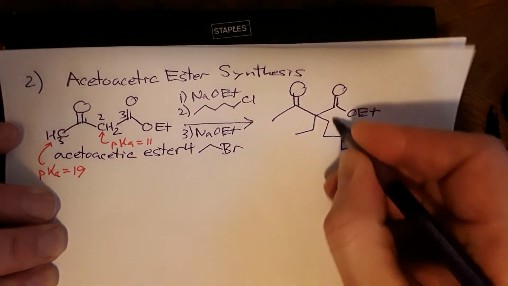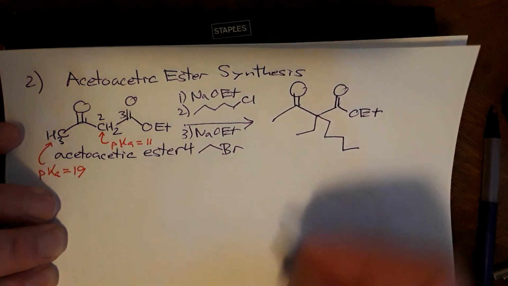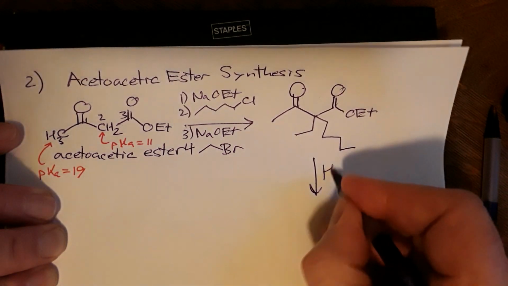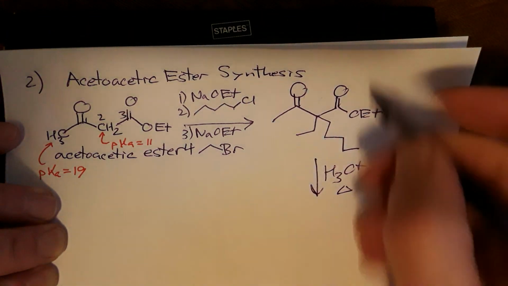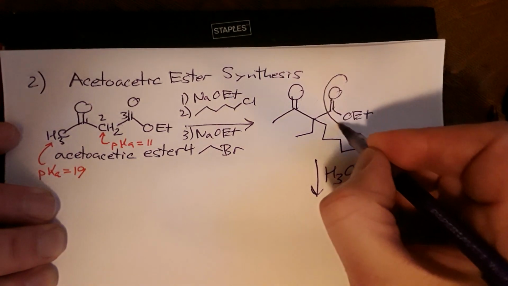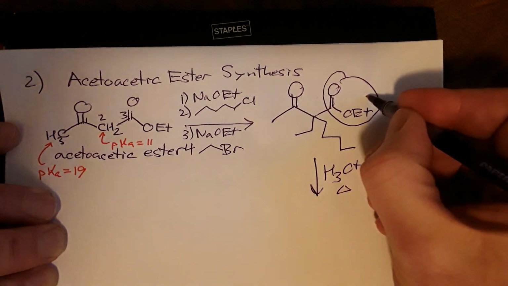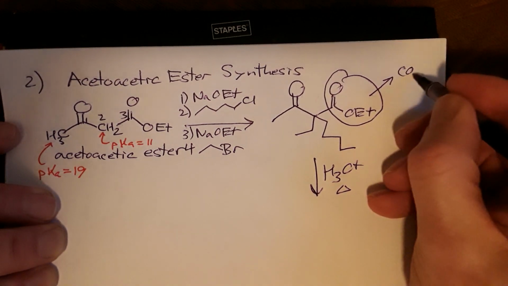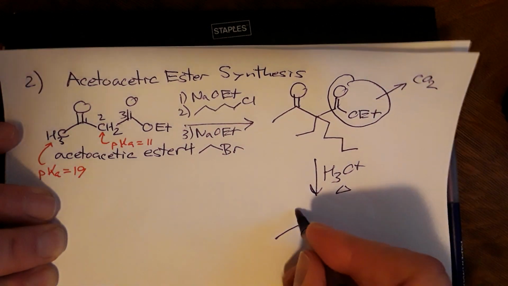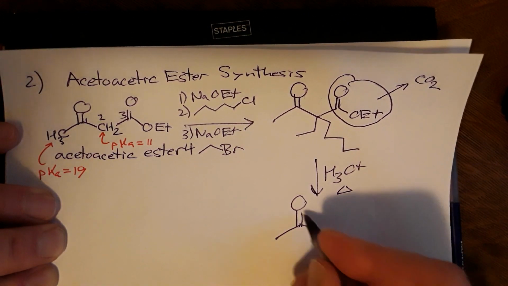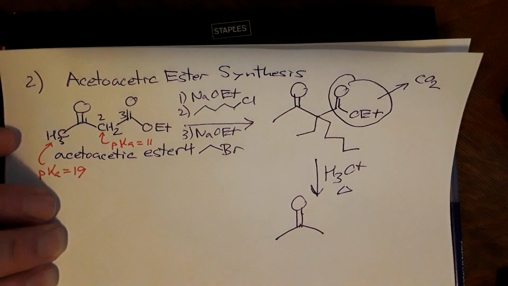Okay? And then we're going to add H3O and heat, and we're going to turn this into a carboxylic acid, and then we're going to heat it and blow it off as CO2. And our final product is going to be this methyl ketone.